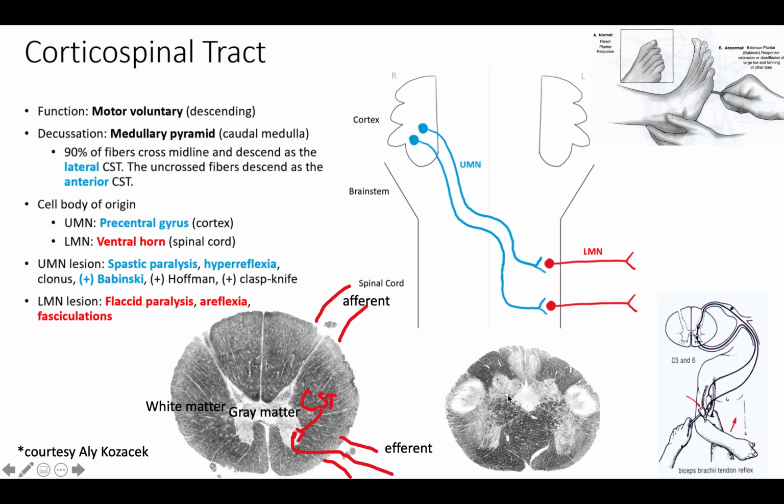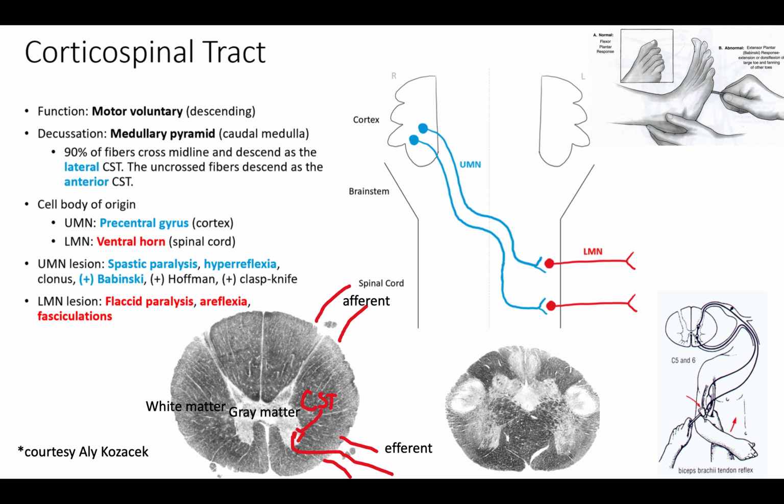And here I have a good example of it crossing over, or what it looks like on MRI imaging. Basically, whenever it says crossing over or decussates, that means the nerves from the right cerebrum are going to cross over to the left side of the spinal cord.